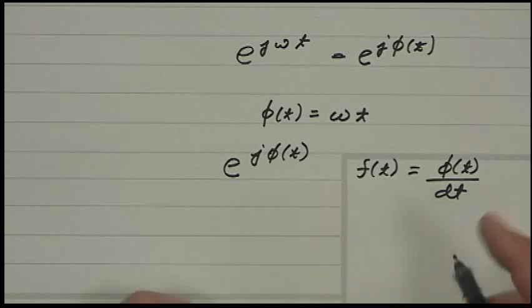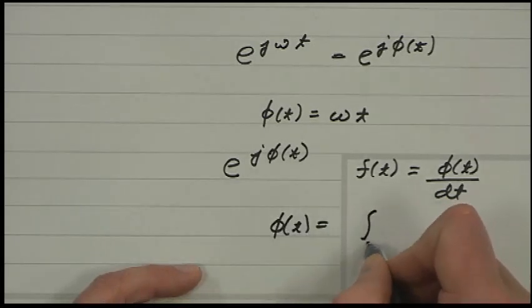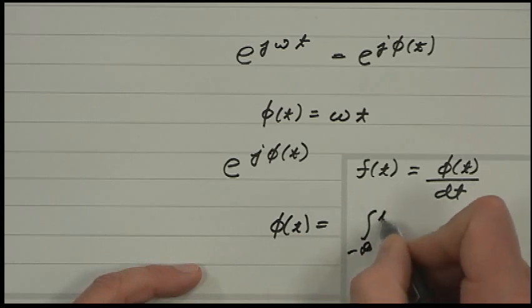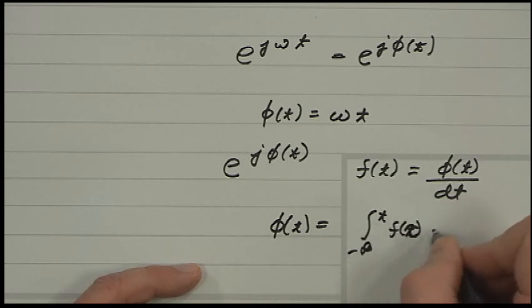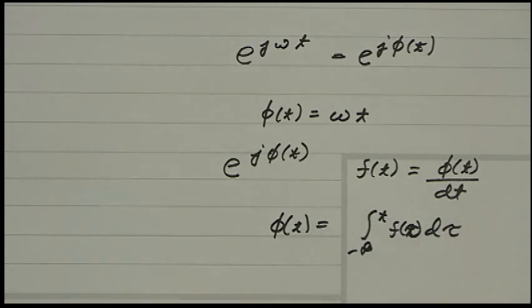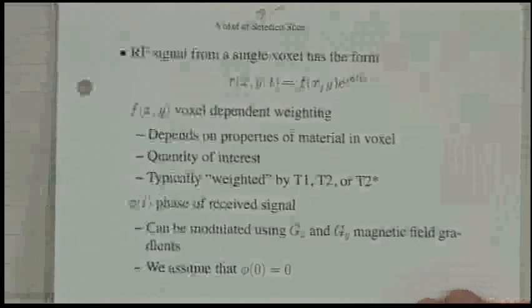And then by that logic, phi of t is equal to the integral from, say, 0 or minus infinity to t, or whatever you want, an indefinite integral of f of tau d tau. So this relationship was a little counterintuitive for me, so I always have to rethink it: the instantaneous frequency is the derivative of the phase, and the phase is the integral of the frequency. All right? So okay, fine.